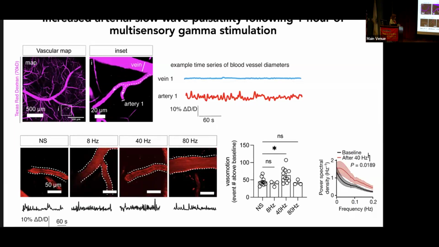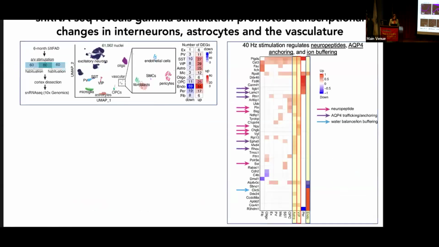And I want to bring up that this increase is particularly prominent in the sub 0.1 Hertz, a very slow vasomotion. And this kind of slow vasomotion has been particularly demonstrated to be important for CSF influx. So the question remains how the 40 Hertz gamma stimulation leads to increased arterial vasomotion and CSF influx.